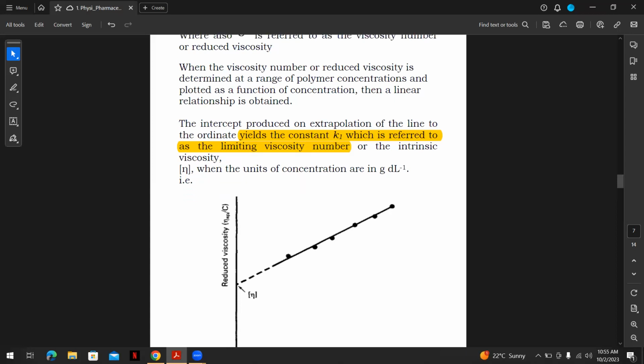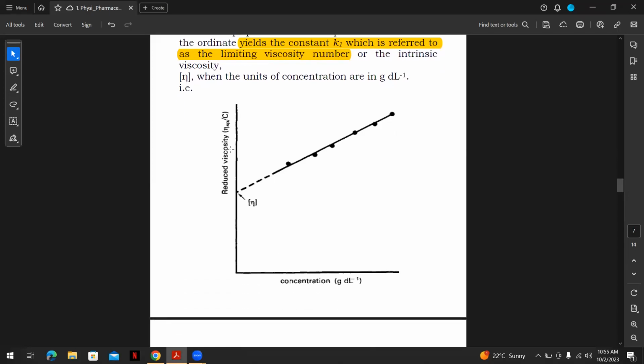The intercept produced on extrapolation yields the constant K1, which is referred to as the limiting viscosity number, or the intrinsic viscosity value.